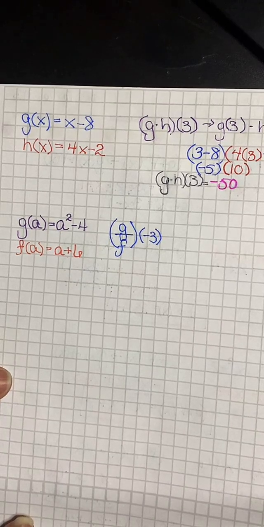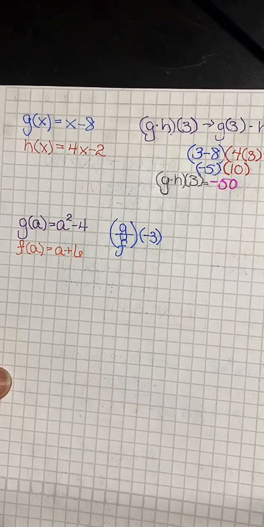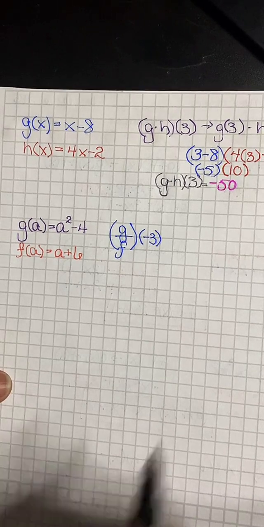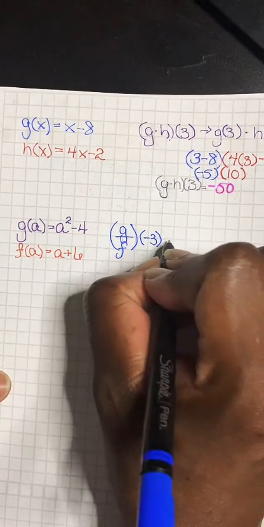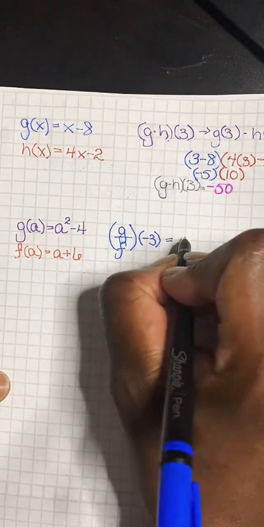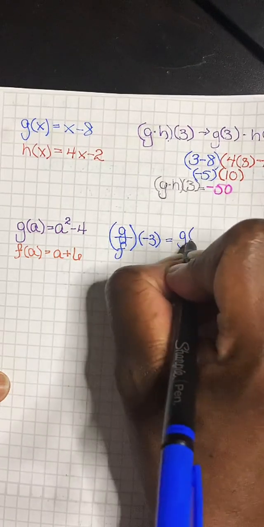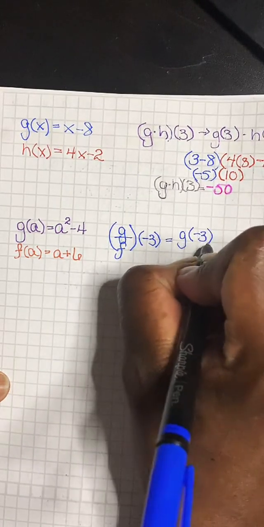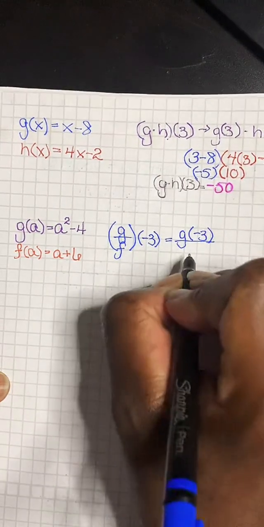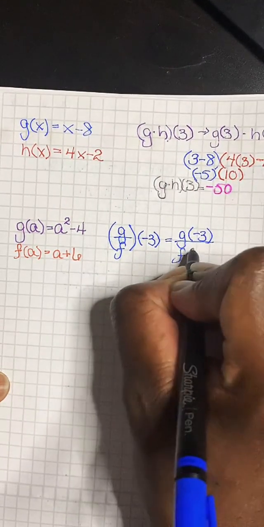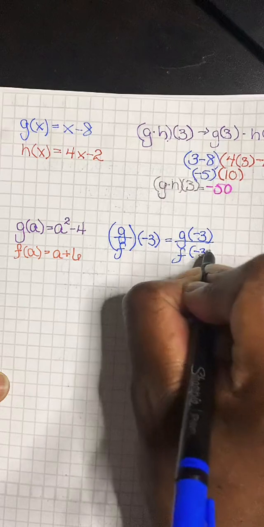Now, you're going to do the same thing, okay? Breathe. We're just taking one little step further. So, break it down. We are basically saying we want the g of negative 3 divided by the f of negative 3.